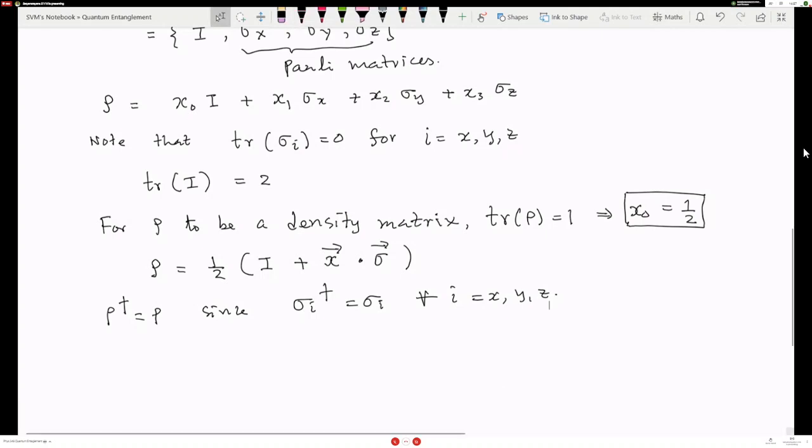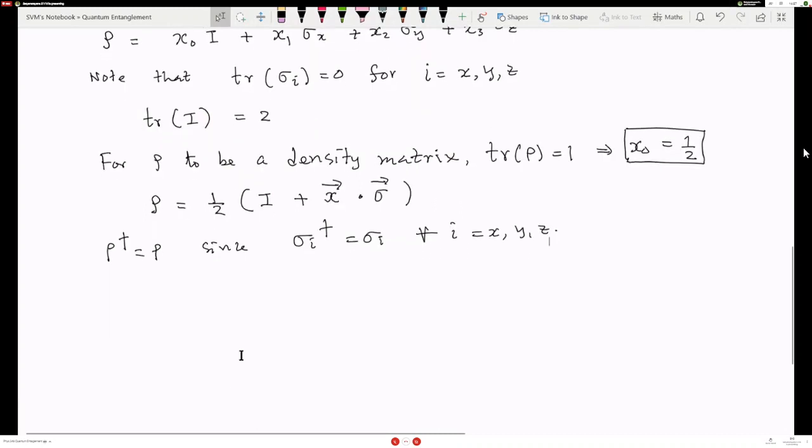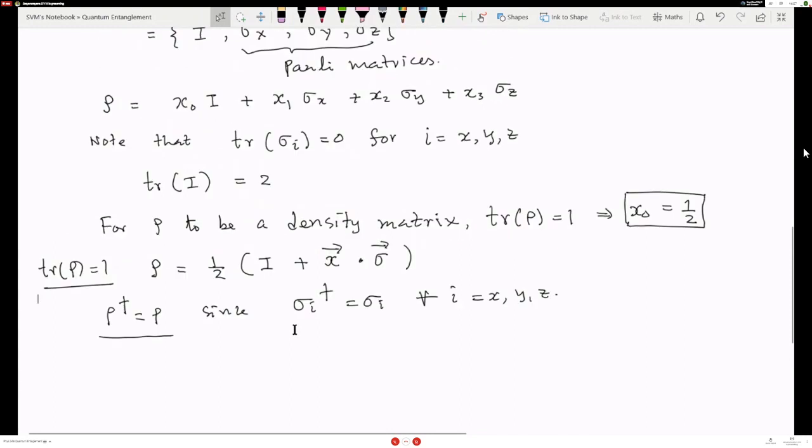Sir, there is a rule that the density matrix should also be Hermitian, isn't it? Yes, it is. That is what I am saying. It is Hermitian because the sigmas are Hermitian, so that rule is satisfied. The trace of rho equal to 1 is also satisfied. Sir, why the bracket, like half times the bracket of identity plus x dot sigma, because x is x1, x2, x3?